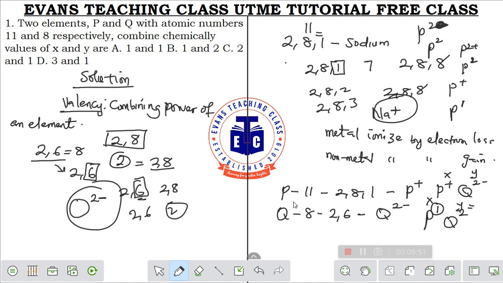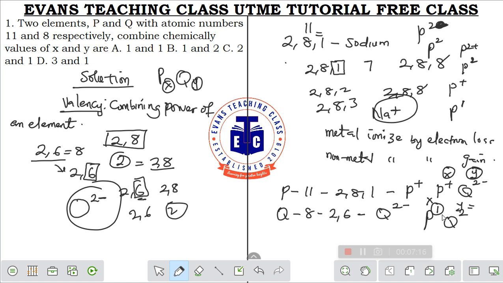So now look at this. What this question is actually trying to ask us to do is to look for our px and our qy. Do you get? So if I go and say this is x, this is y, it will be wrong. It should be the subscripts, right?